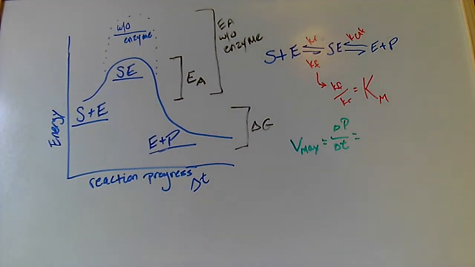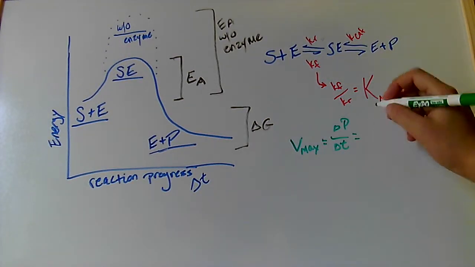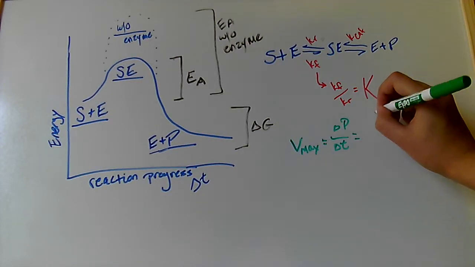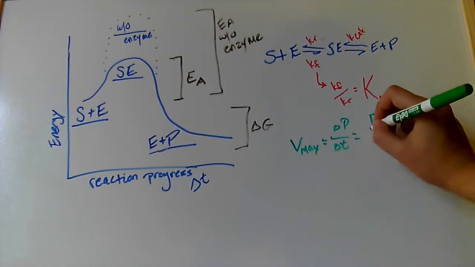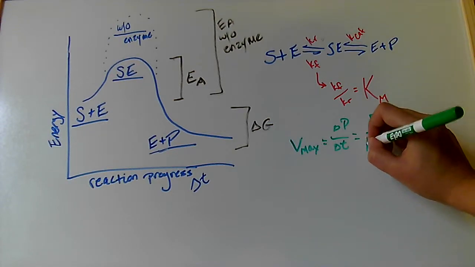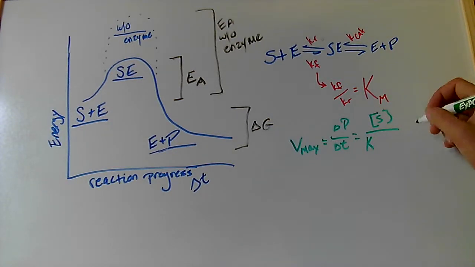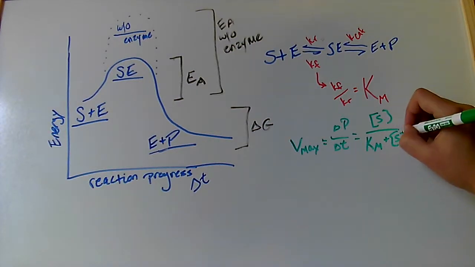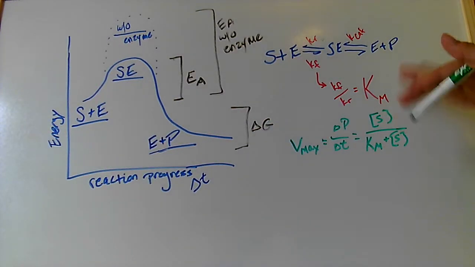So if you go through the Michaelis-Menten stuff, then you can write it in two different ways. You have concentration of substrate on the top, and then you have Km, this binding constant, binding coefficient, on the bottom, and substrate concentration. Again, don't worry about this bit.